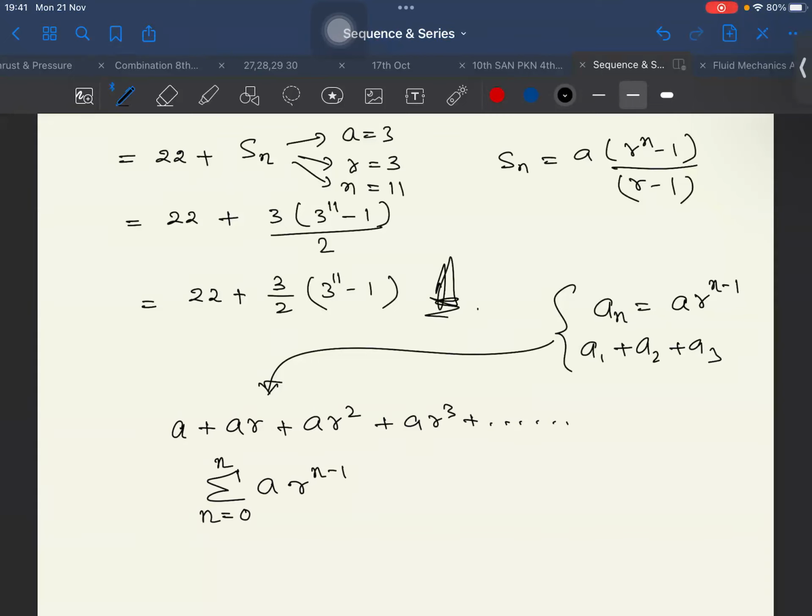Is this correct? Anyone tell me, is it correct? It's not correct. If you start from n equal to 0 and substitute, you will get A r to the power of minus 1. We don't write the first term like that. Means you can write it, but we don't usually use this notation. We keep n as a natural number, so we start n from 1. That's how we write it.